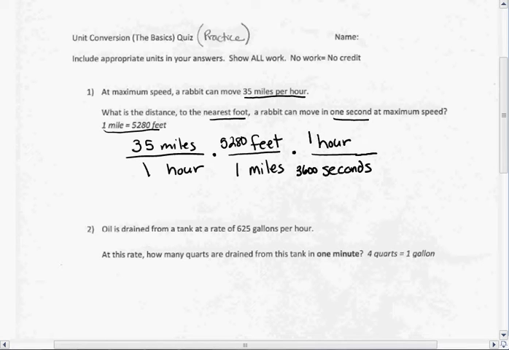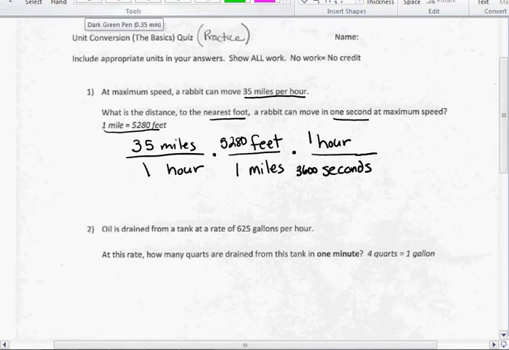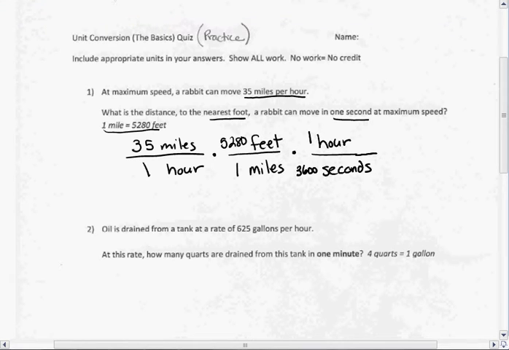Now I'm going to go through and change my color here. Change to red. I'm going to do some canceling out. So I'm going to cancel out my miles first of all. They're gone. Then I can cancel out my hours. And then I'm going to read across the top.